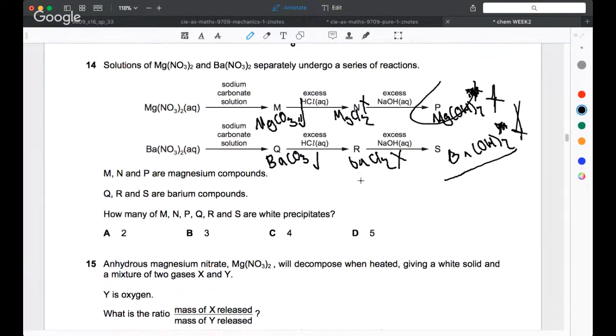But I thought that group 2 hydroxides get more soluble as you go down the group, right? Let me see.